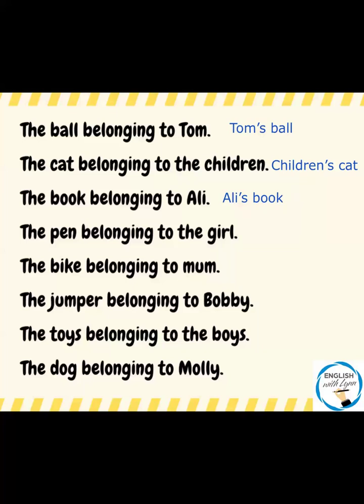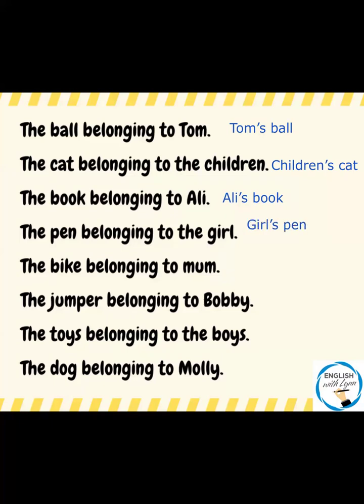Now the next one, I've got a pen, and it belongs to the girl. So it's only belonging to one girl. So I need to follow the rule, the girl's pen. And because it only belongs to one girl, I would put the girl's pen. Okay.